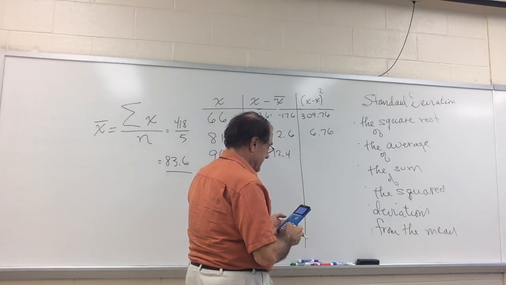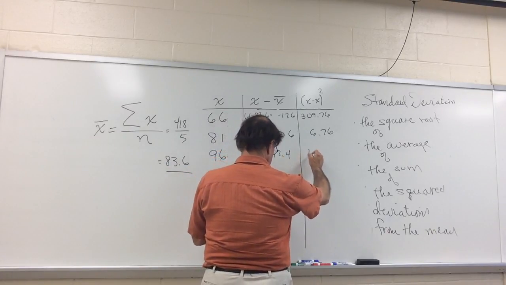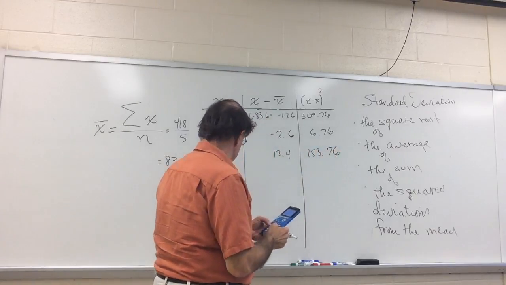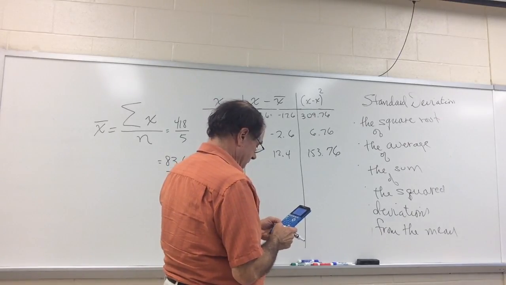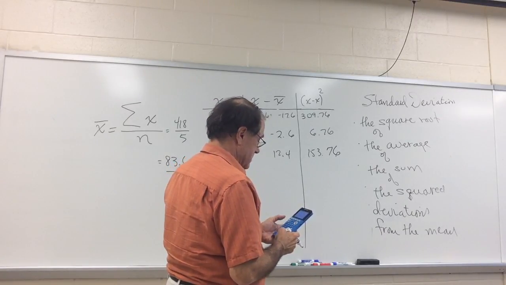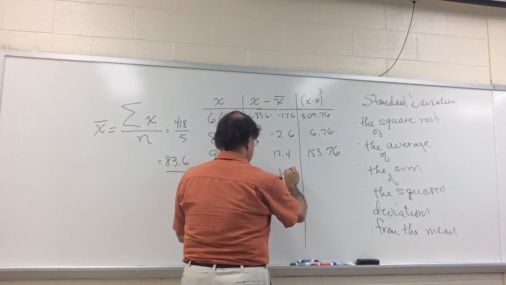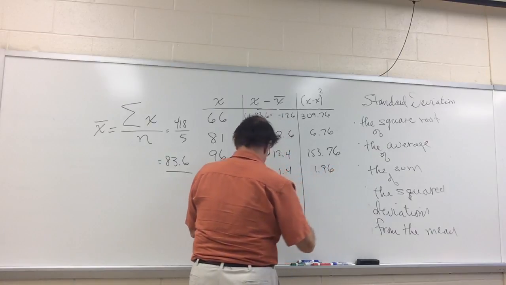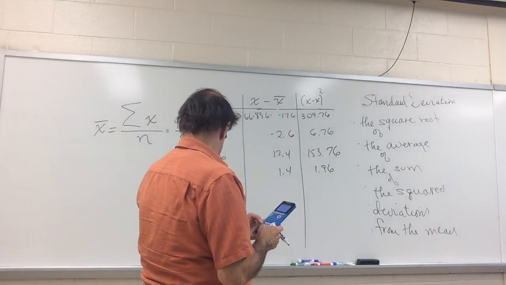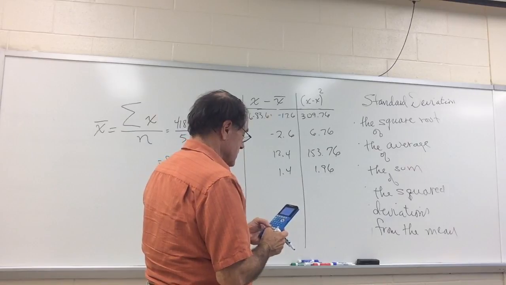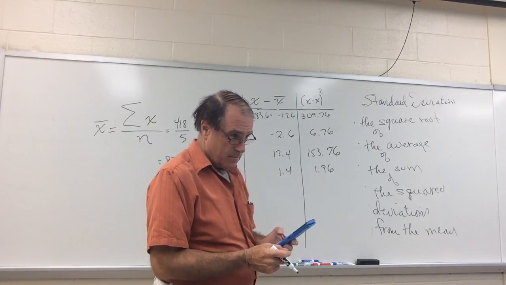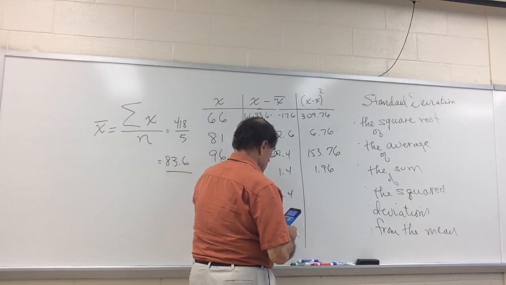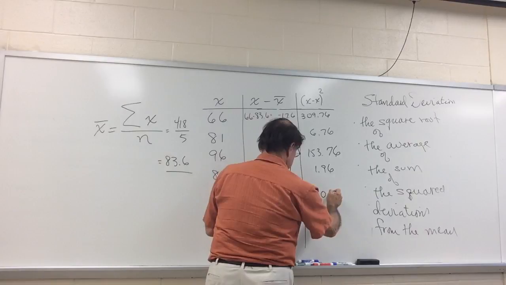Square that, we get 153.76. The next one is 85. We subtract 83.6, that gives us 1.4, squared is 1.96. Then we take 90, subtract 83.6, that gives us 6.4, and squared is 40.96. Ben, we good? Yep.